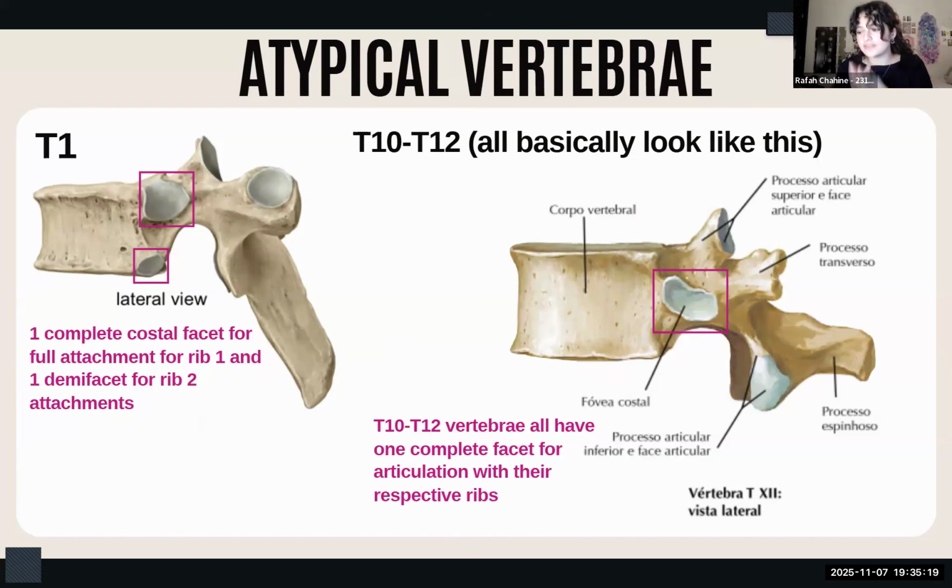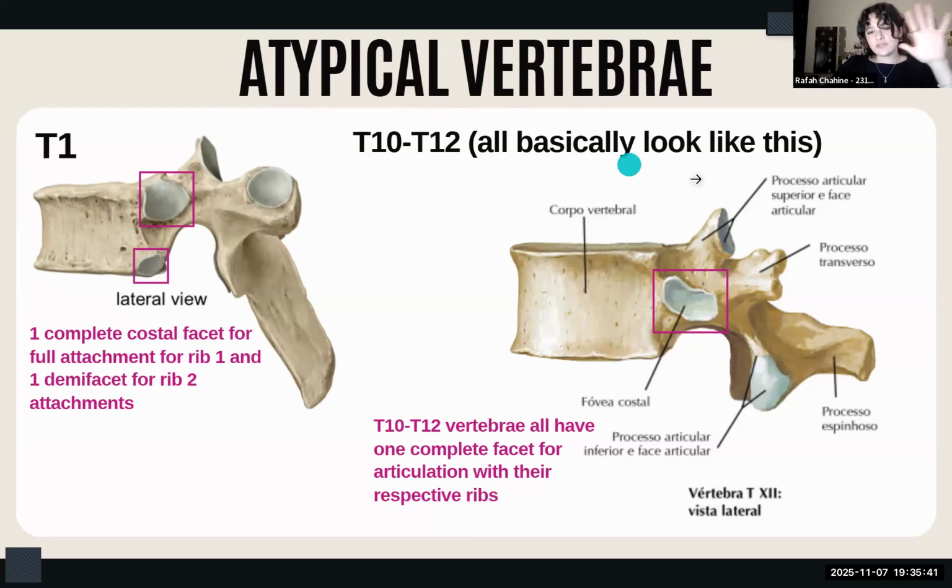Scalene tubercle, one facet, exactly. So the scalene tubercle makes it atypical, yes, but the one that I'm talking about right now, specifically for this T1 vertebra, is the singular facet. Because it only has one singular articulating facet, T1 has one complete costal facet on it, okay? But it also has one more demifacet for rib number 2, okay?